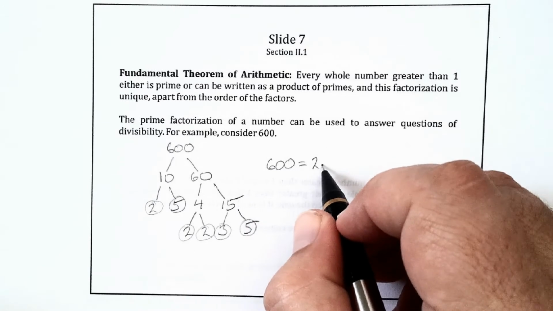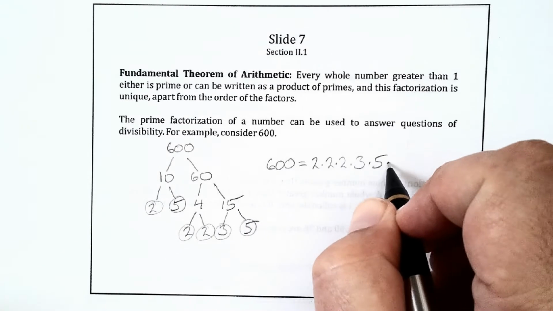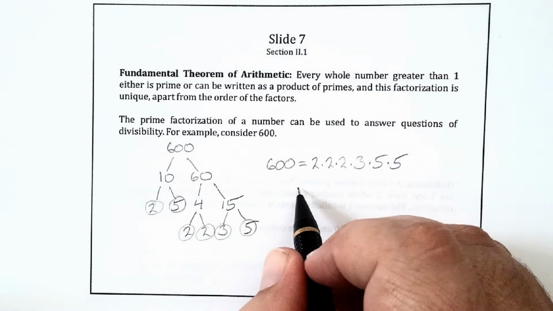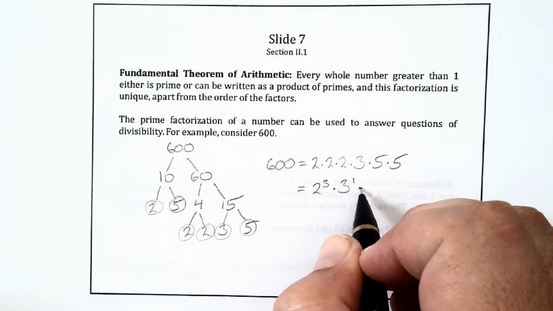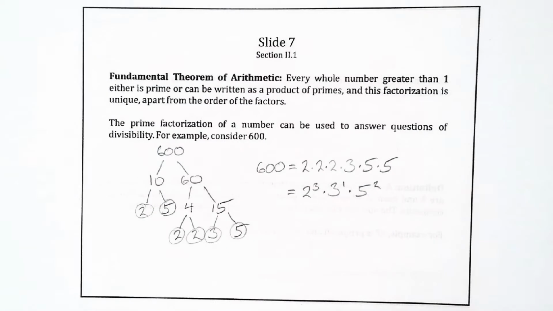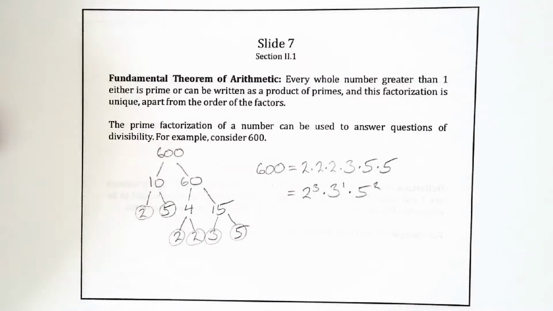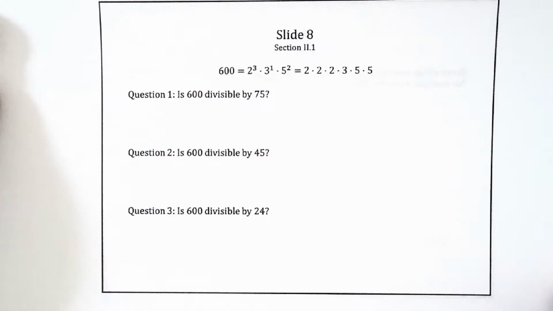So 600 is 2 times 2 times 2 times 3 times 5 times 5. Or in other words, 2 to the third power times 3 to the first power times 5 squared. So let's use that to answer some questions.